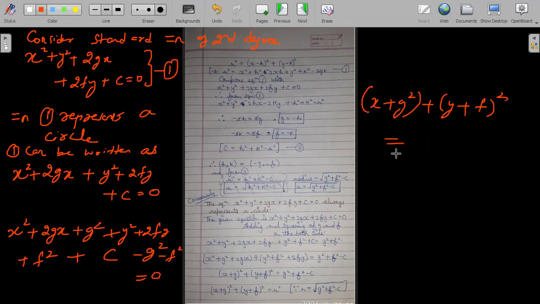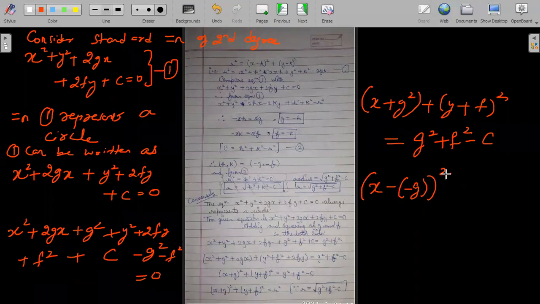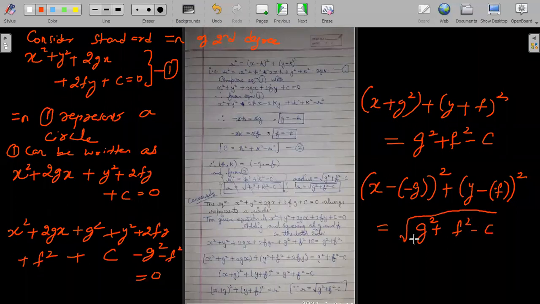Let me take the constant terms to the other side. So what I get is g square plus f square minus c. I can write x plus g as x minus, in brackets, minus g, and y plus f as y minus, in brackets, minus f, because minus minus will become plus. The last term I wrote as g square plus f square minus c, took under root, and to remove the root I squared it again. Is it clear?